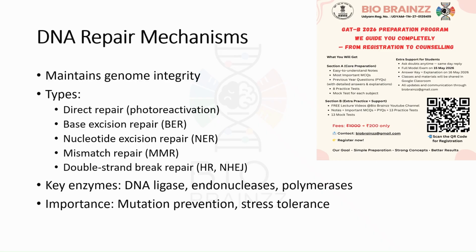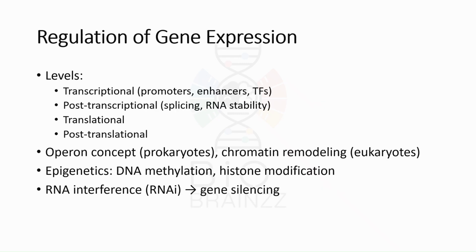Efficient DNA repair is crucial for stress tolerance, survival, and proper cellular function. In plants, enhanced DNA repair capacity is often associated with improved resistance to environmental stresses. Gene expression is regulated at multiple levels, including transcriptional, post-transcriptional, translational, and post-translational stages.